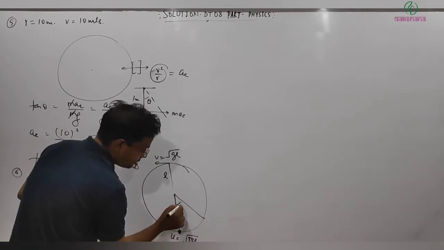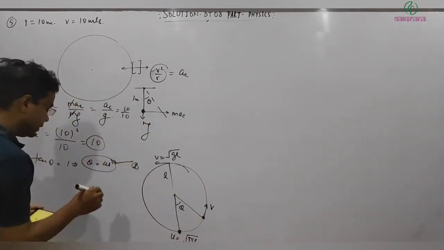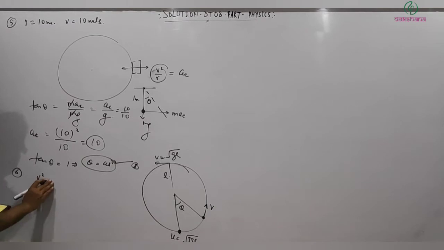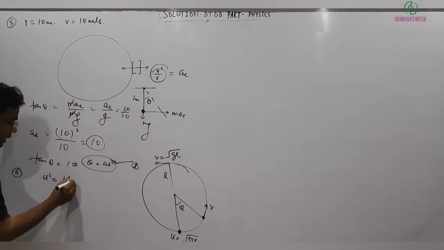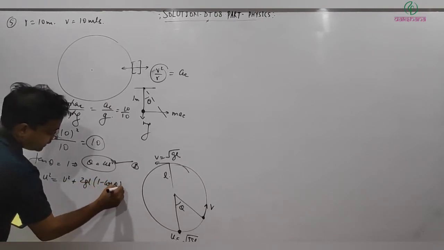And by conservation of energy, I can get the velocity relation v at any angle theta. So that is related this way, u square equal to v square plus 2gl(1 minus cos theta).